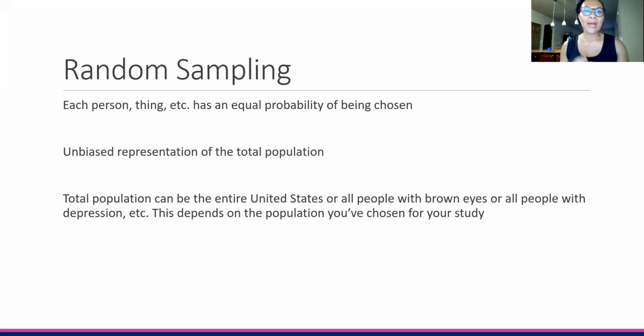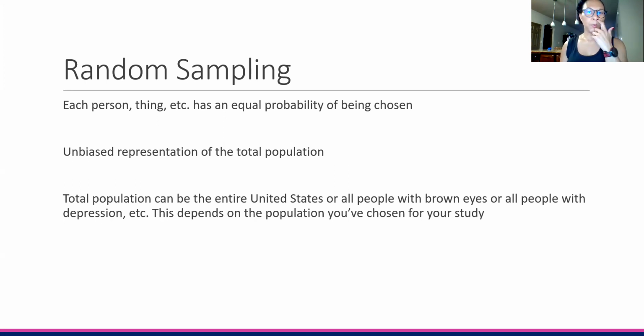So this is unbiased representation of a total population. Now that total population can be the entire United States. It could be the entire population of Thailand. It can also be all folks with brown eyes, all people with depression, whatever characteristic it is that you are choosing for your particular study.